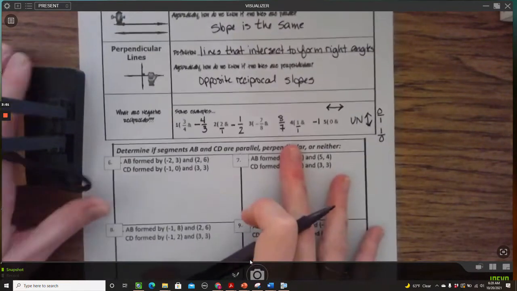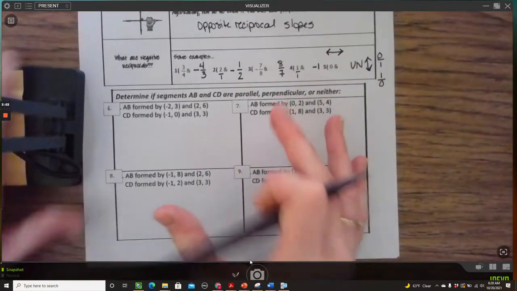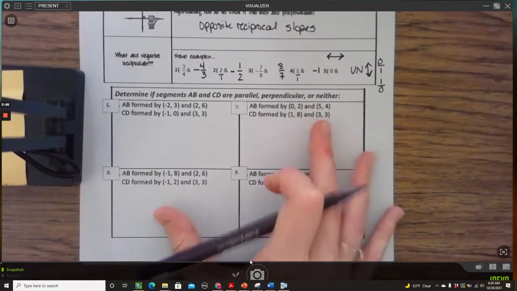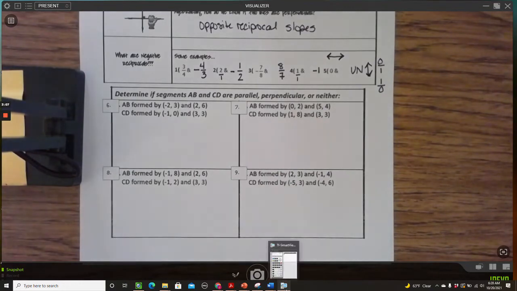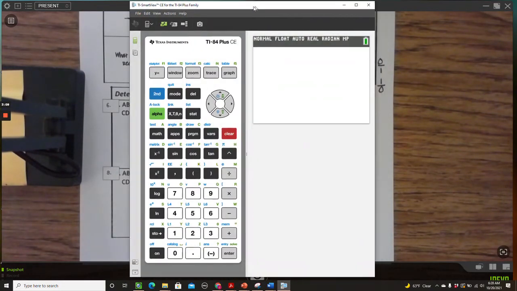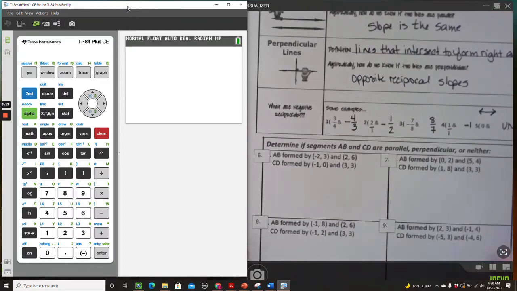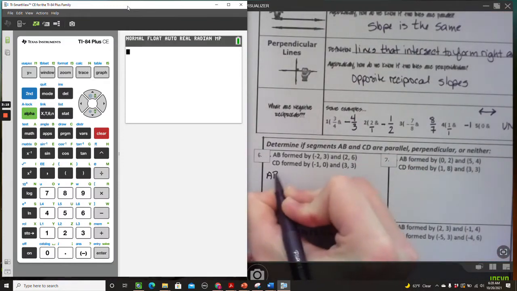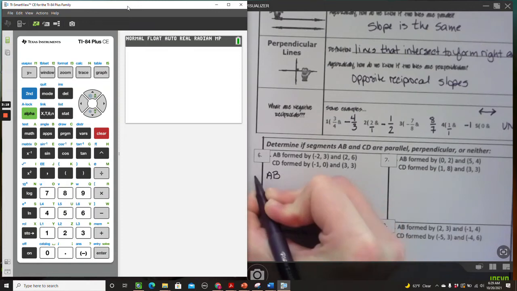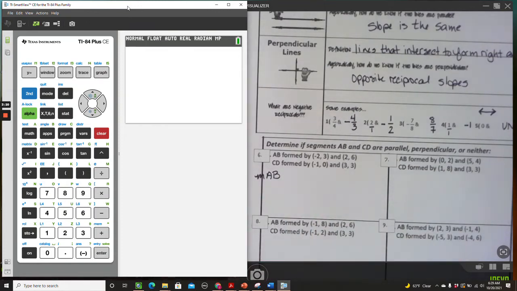All right, so on this bottom part, we're just going to determine if these lines are parallel, perpendicular, or neither. So all we need to do here is find the slope of these lines. So what I'm going to do is linear regression. So AB, M of AB, the slope of AB.